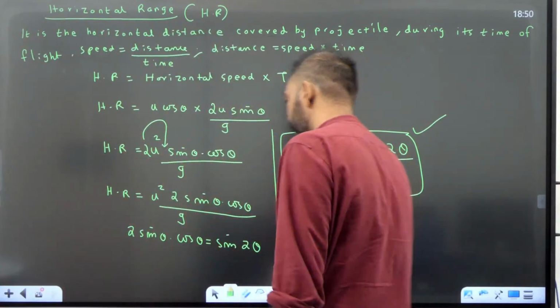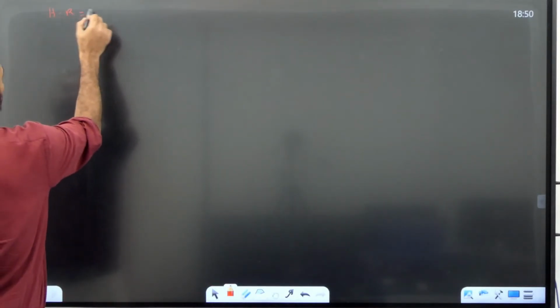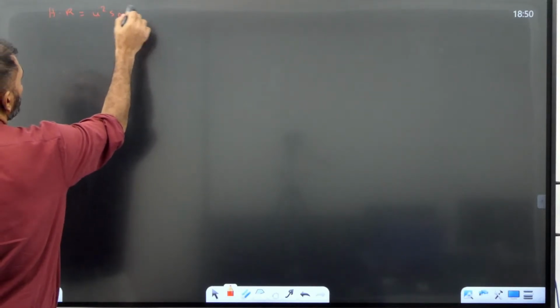Noted. Okay. Then, what was the equation for horizontal range? Horizontal range is equal to u square sin 2 theta by g.